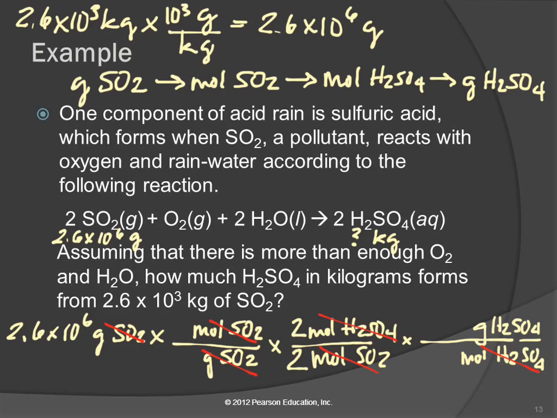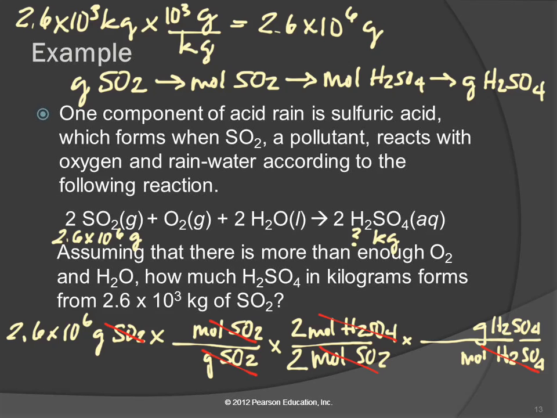But there's plenty of skills rolled into this type of calculation. Working with units, understanding what the chemical equation means, and being able to calculate molar masses. We have to be able to do all of those things together. But we're not going to throw balancing and predicting products in with this.